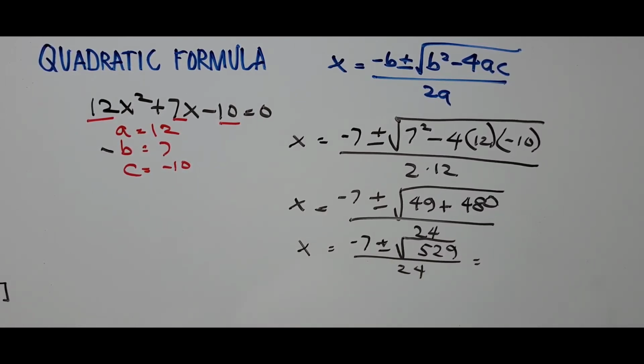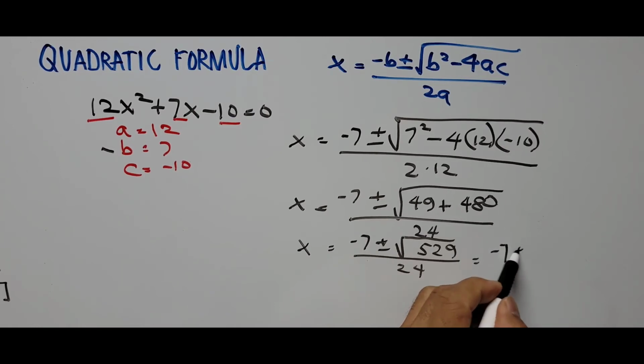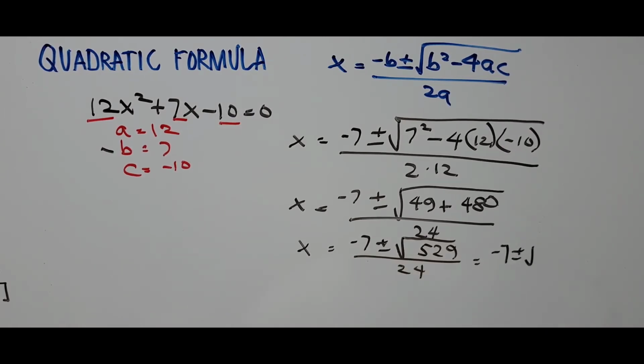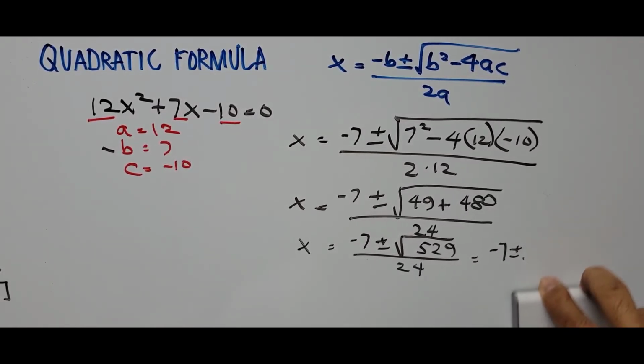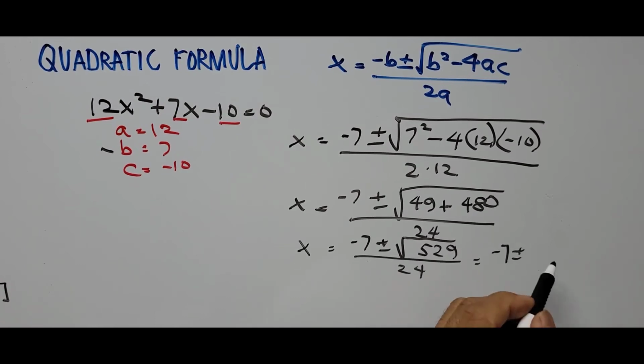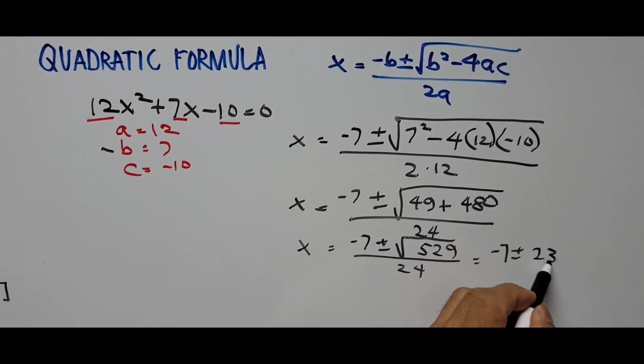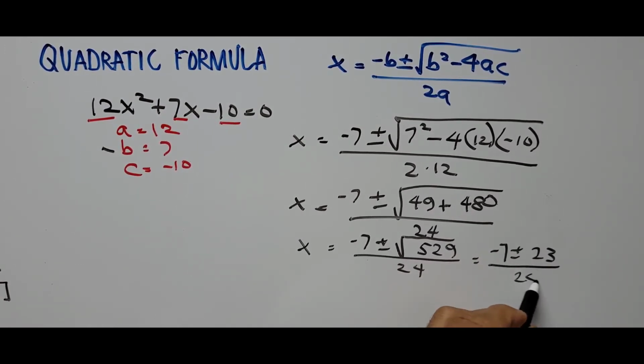Okay, and -7 plus or minus the square root of 529. That is a perfect square, so that is 23, divided by 24.